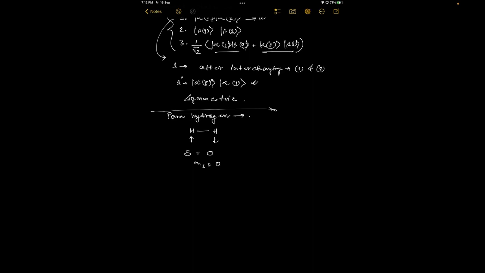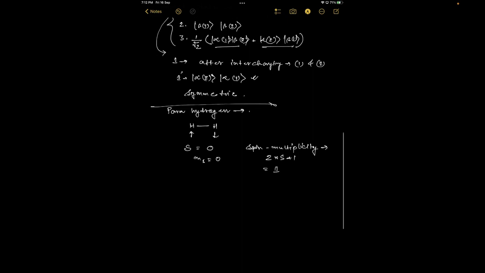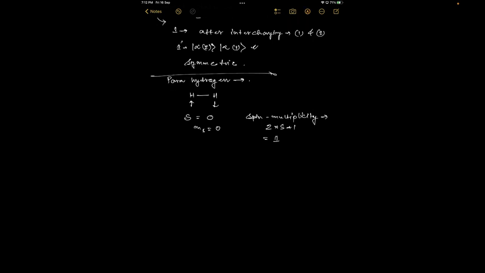So this will be the singlet state. That means spin multiplicity. How do you calculate spin multiplicity? 2 times total spin quantum number plus 1. That means 2 times 0 plus 1, that means 1. So para hydrogen has spin state singlet. That means only one possible spin state is there, the singlet state.